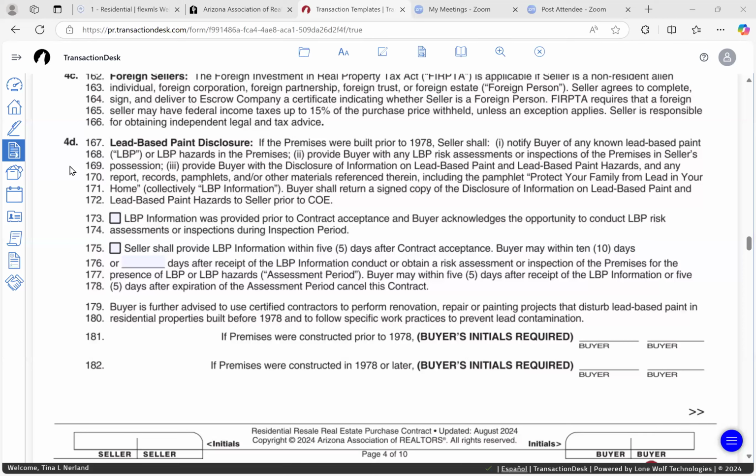Buyer shall return a signed copy of the disclosure of information on lead-based paint and lead-based paint hazards to seller prior to close of escrow.